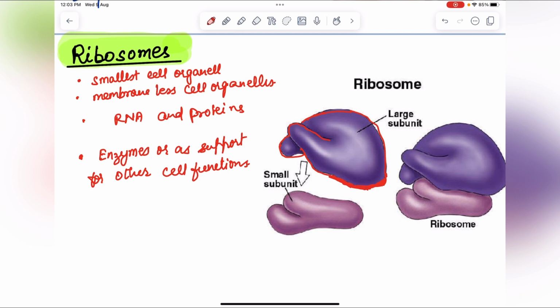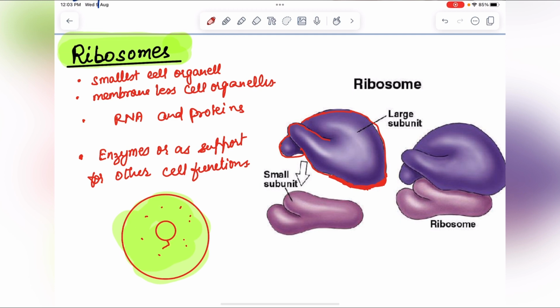Ribosomes are found in many places around the cell. Some are present in the endoplasmic reticulum, and some are scattered and floating in the cytoplasm. These ribosomes help in the synthesis of protein, which will be used by the cell or exported to other cells.